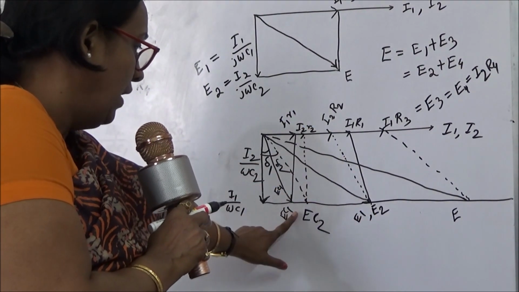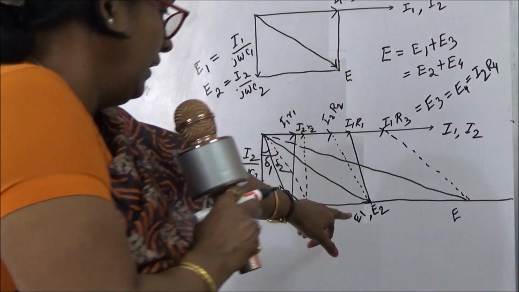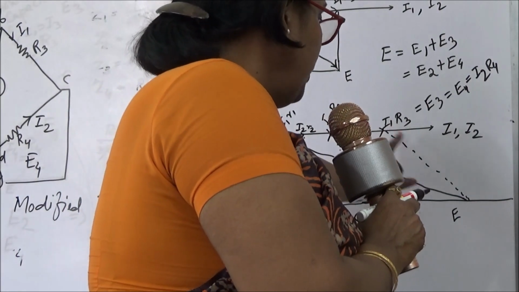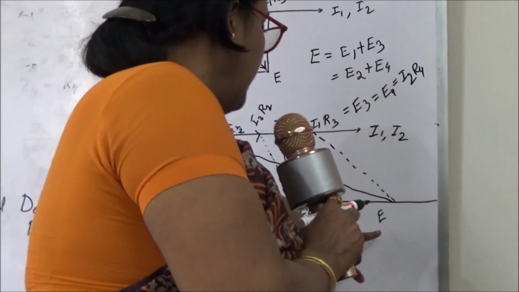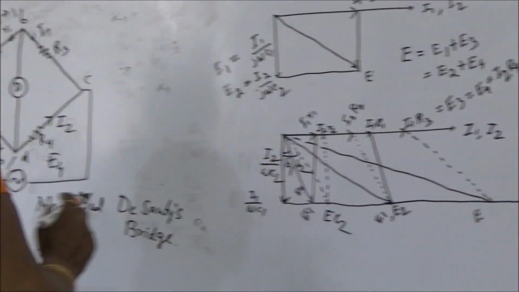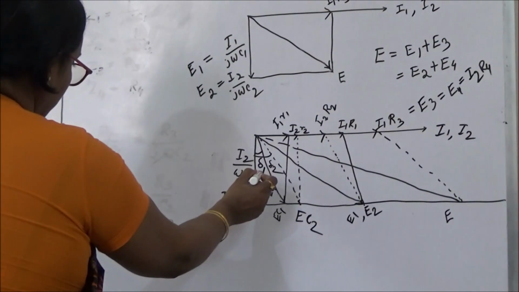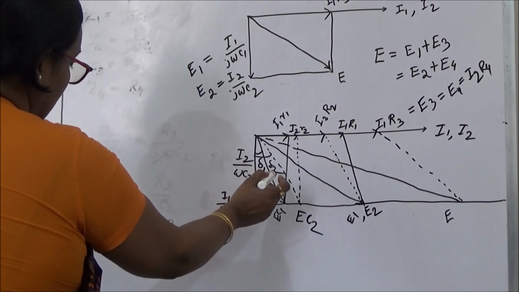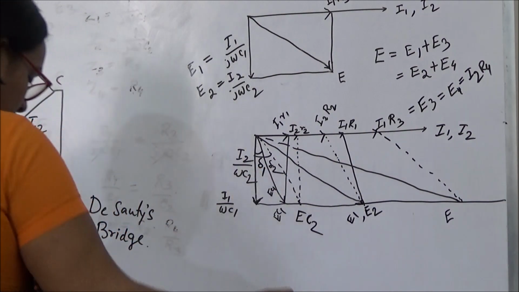Similarly, EC1 plus I1 R1 is my E1, and E1 plus E3 is equal to E. E2 plus E4 is equal to E. So the phase angle of capacitor 1 C1 is delta 1, and phase angle of capacitor 2 C2 is delta 2.